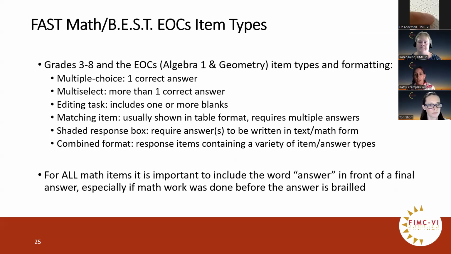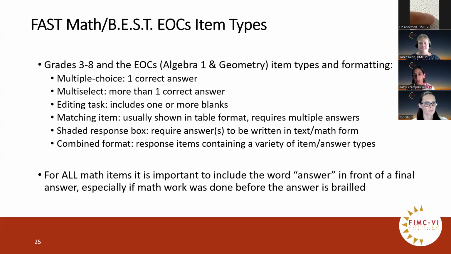All right, math: FAST math and BEST EOC item types for grades 3 to 8, and then the EOCs, which are algebra and geometry for BEST. You've got multiple choice with one correct answer, and multi-select, more than one correct answer. You've got editing tasks, which include one or more blanks, and matching items, which are usually shown in a table format and require multiple answers.